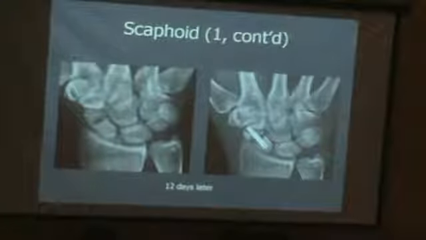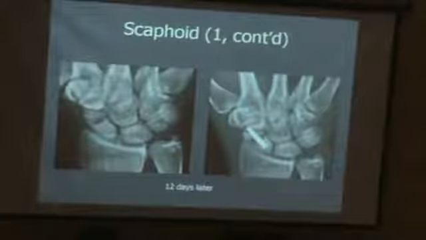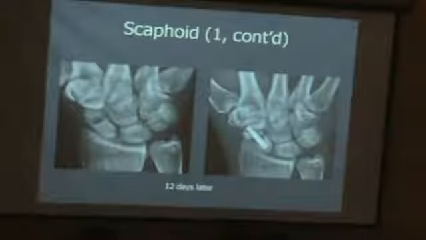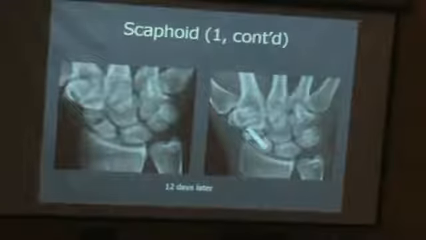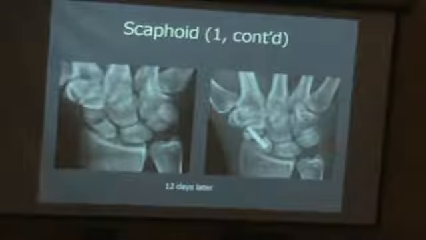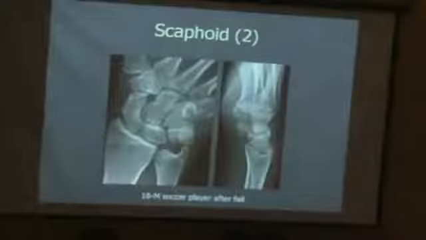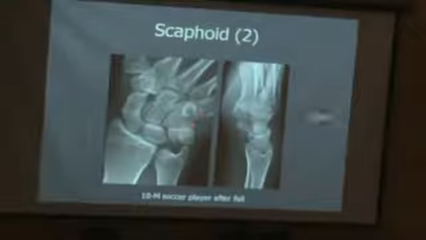The outcome of this patient was not very good, unfortunately. And you understand why? Because of collapse of the proximal pole, collapse of the whole carpal bones, and it ended up with a fusion. 26-year-old male.